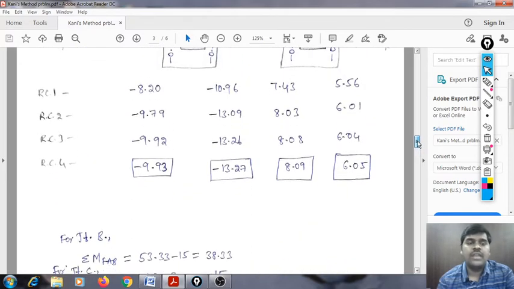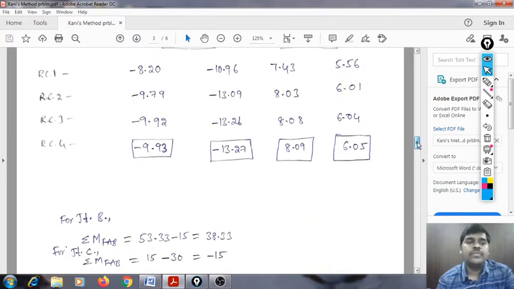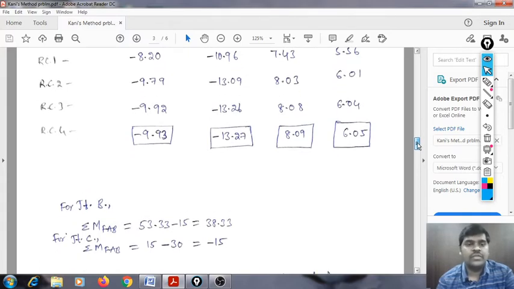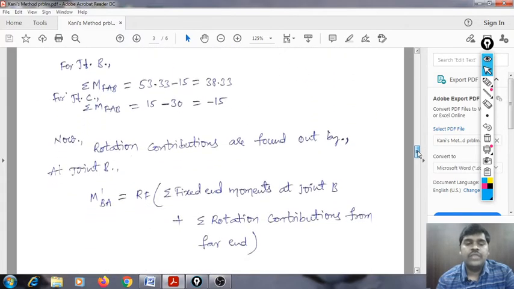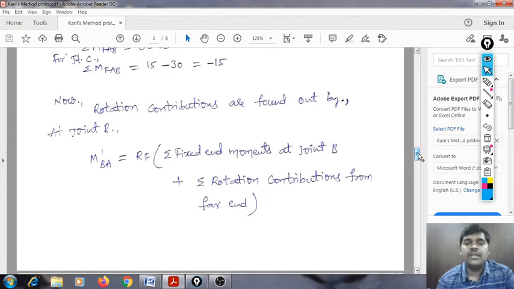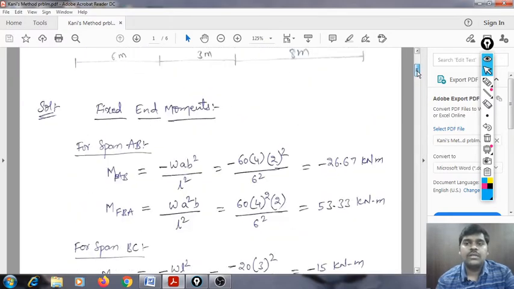So how to find these values in RC1, RC2, RC3 and RC4? Already in the previous videos it was explained, and now I'll explain again. To find M bar BA, before knowing this, let's have a diagram here, or you can see the diagram which is already shown. So I'll show you once again.